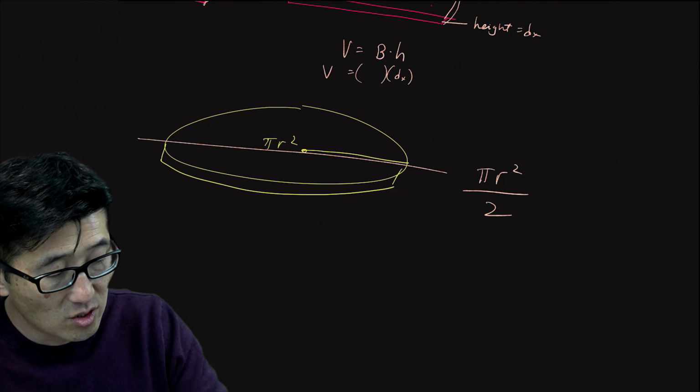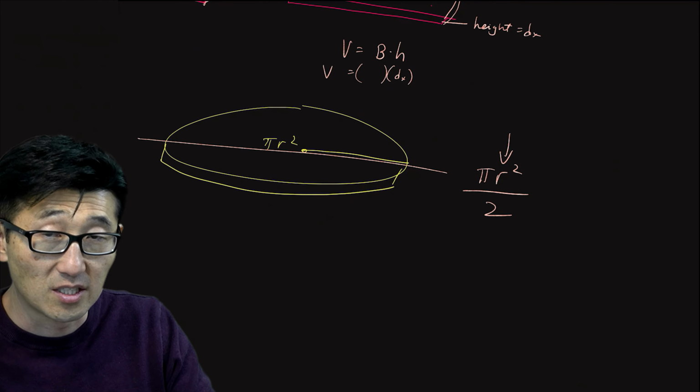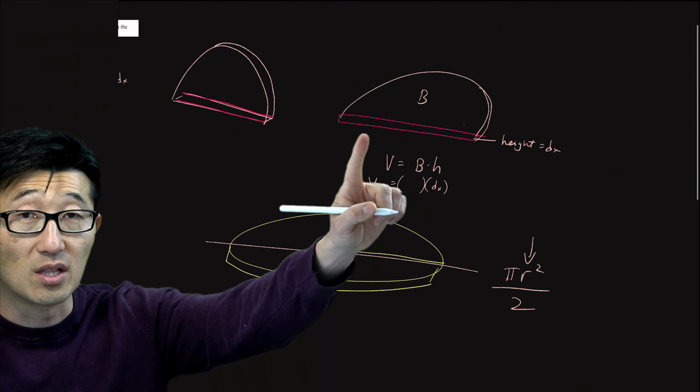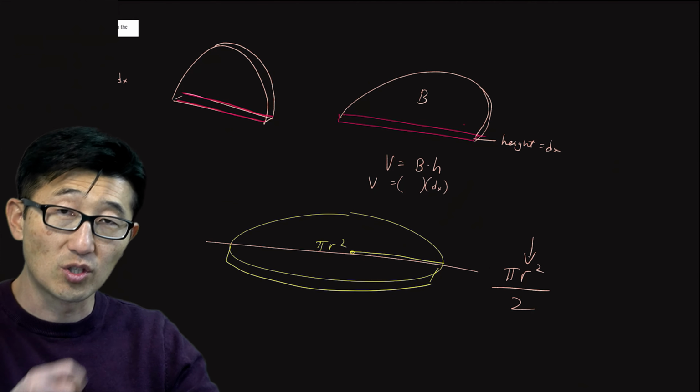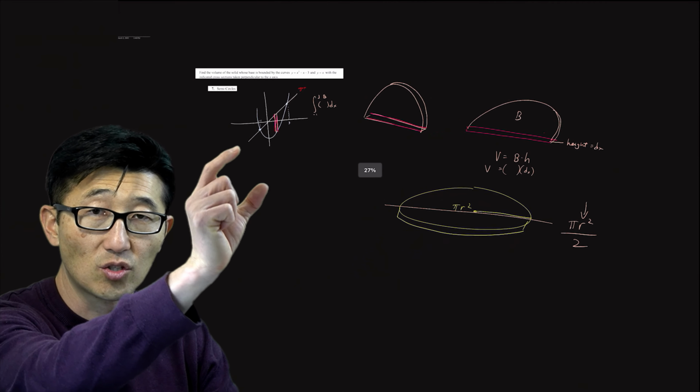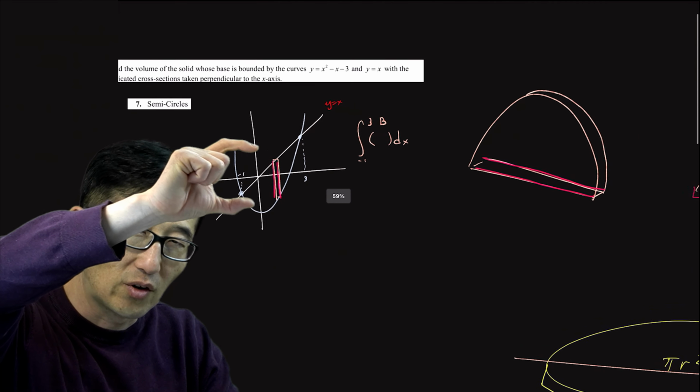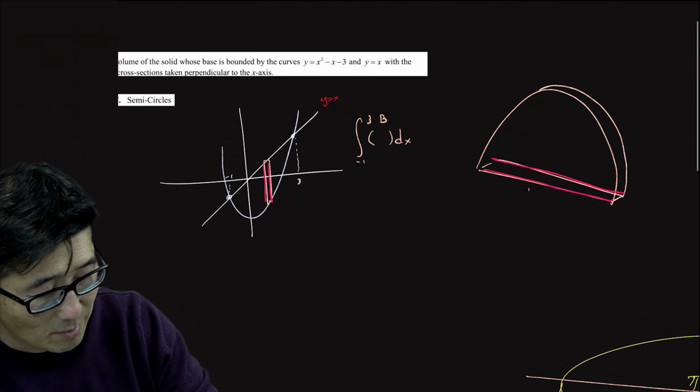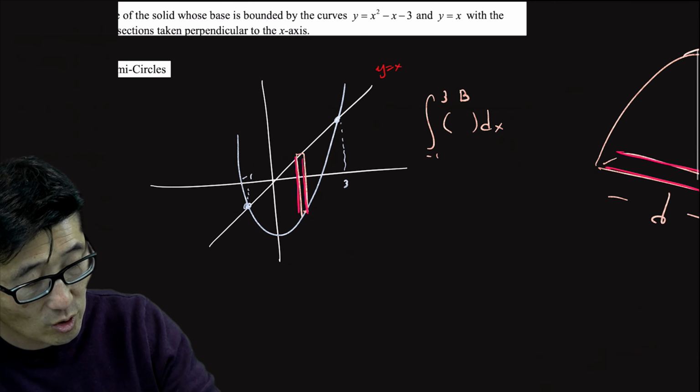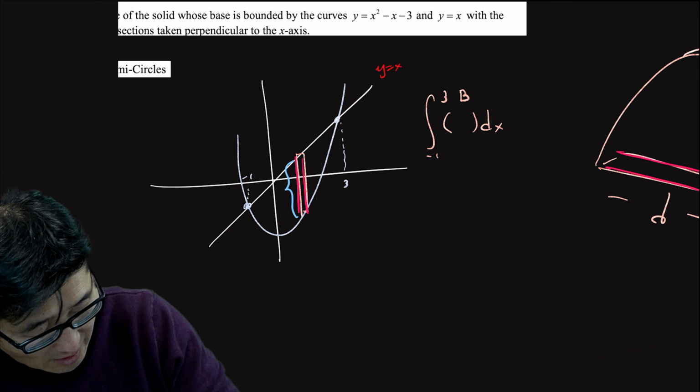But the question is this: what do we use for our radius? Notice that this red length, which is right over here, which is also right here, is technically our diameter. So I can label this as my d.